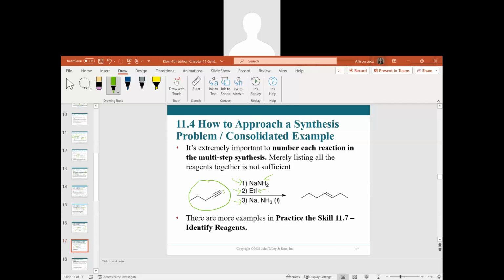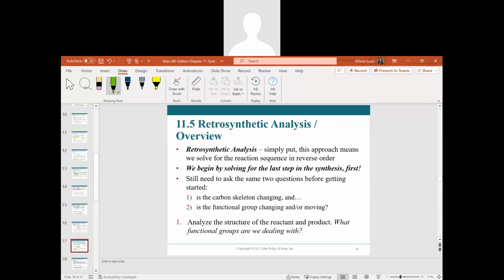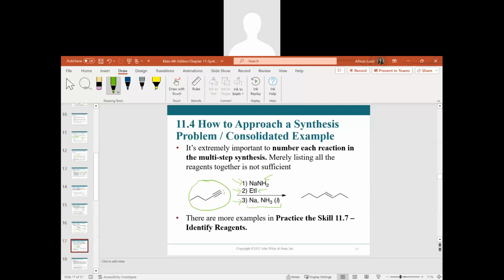Then our last step, of course, is that sodium metal dissolving reduction to convert to our trans alkene. So many problems will involve 2, 3, 5 steps at times to convert from our starting material to product.